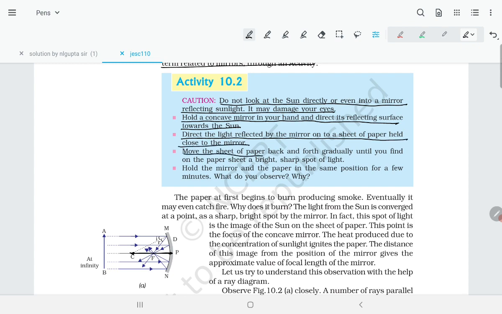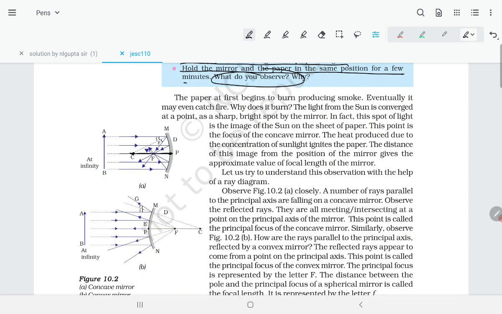Move the sheet of paper back and forth gradually until you find on the paper a bright sharp spot of light. Hold the mirror and the paper in the same position for a few minutes. What do you observe? The paper will start burning. The paper at first begins to burn, producing smoke. Eventually, it may even catch fire.